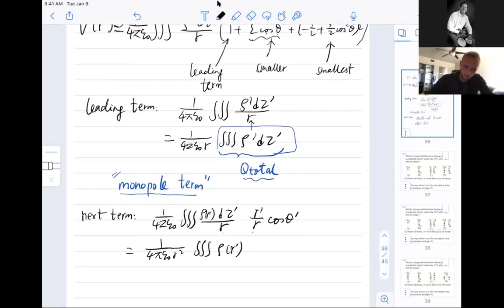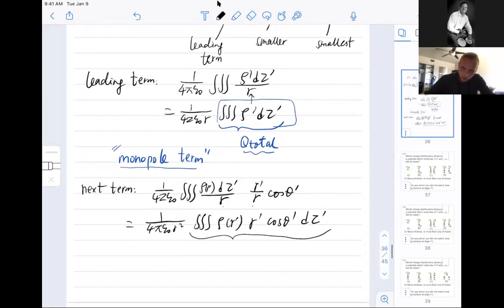It could be a function of r prime, or it could be uniform, times r prime times cosine theta prime times d tau. So this is what you need to integrate over. And you can see this term is different from the other terms. Instead of 1 over r, it's 1 over r squared. This will drop off faster than the first term.